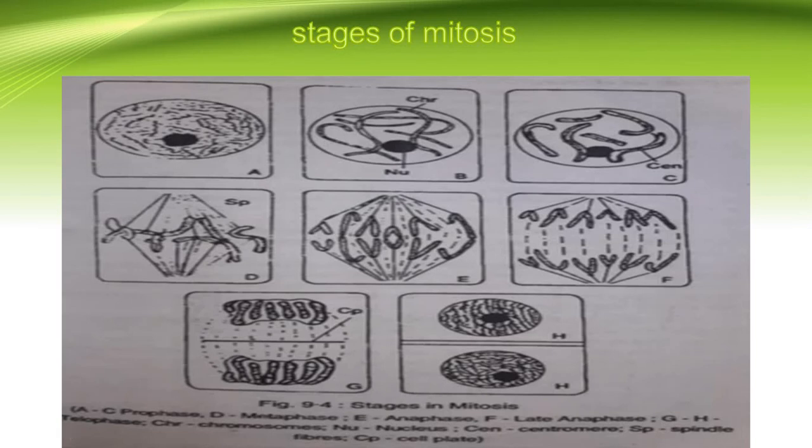Then CP here is the cell plate, which is formed finally and forms the two daughter cells. From one cell, two daughter cells are formed at the end of the mitosis.